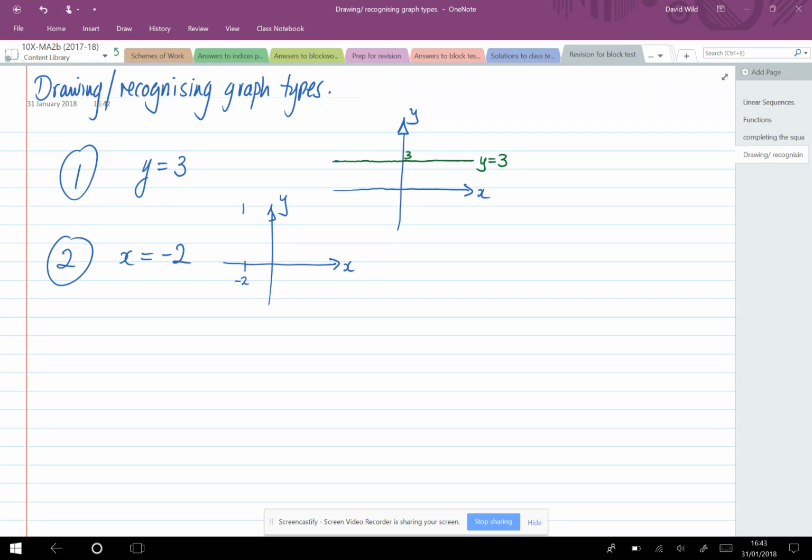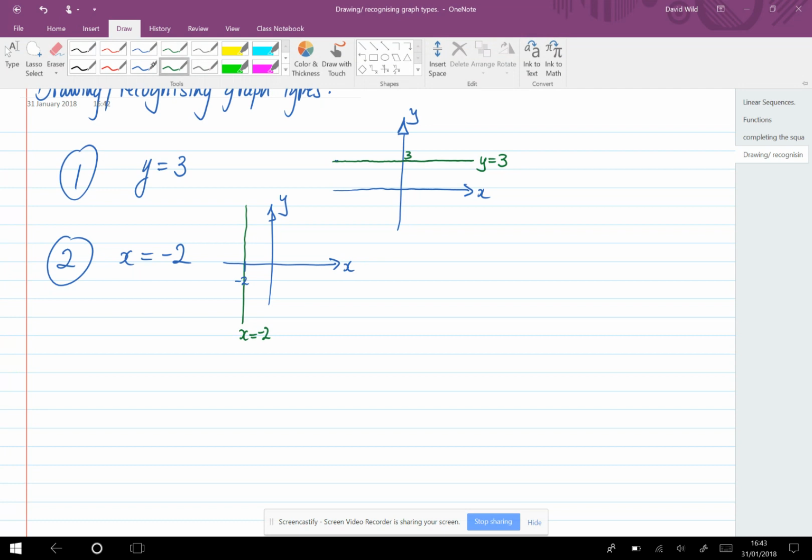So we're talking about a line that is vertical. I said I'll do that in green, so let's do that. x equals minus 2. Anywhere I put my cursor along that green line, the value of x is minus 2. So that's why it's x equals minus 2.